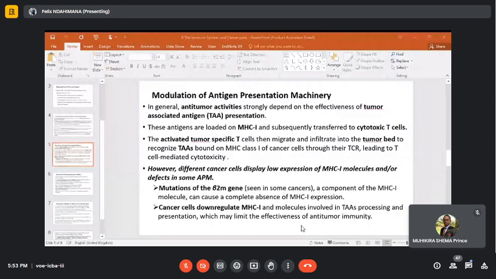I think you still remember this kind of presentation. Those antigens will be loaded onto major histocompatibility class 1 because they are endogenous, and then will be subsequently transferred to cytotoxic T cells. They are endogenous because those are our own cells. These cancers are from inside.